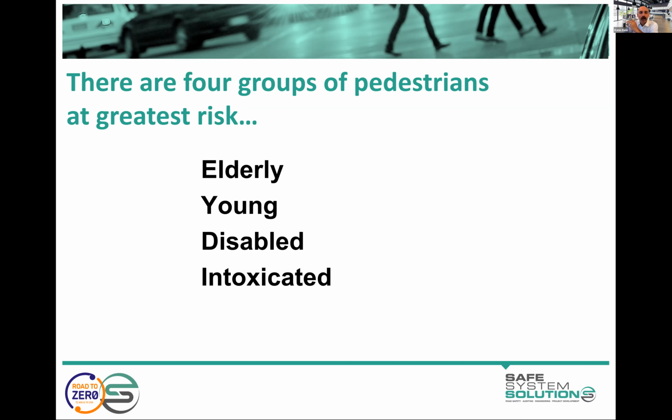That they pop out from behind cars. They're quick. They chase a ball. They do those sorts of things. Interestingly, kids are able to withstand more force than most adults and the elderly in terms of impact, but the height that they are often struck means that it's a more severe injury in harder parts of the vehicle, and that increased likelihood in dartiness, as I said, and unpredictability and inability to cognitively process what's going on.